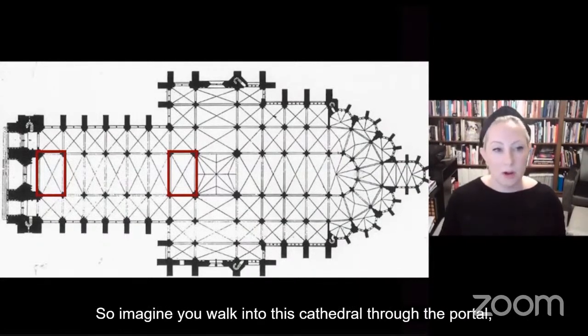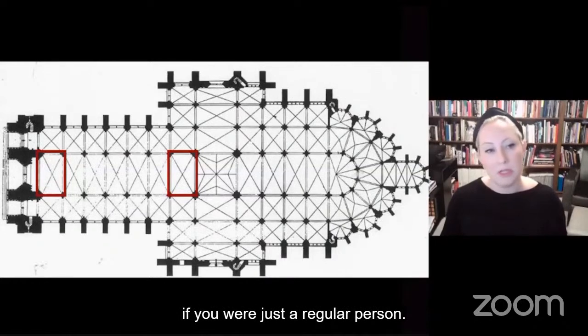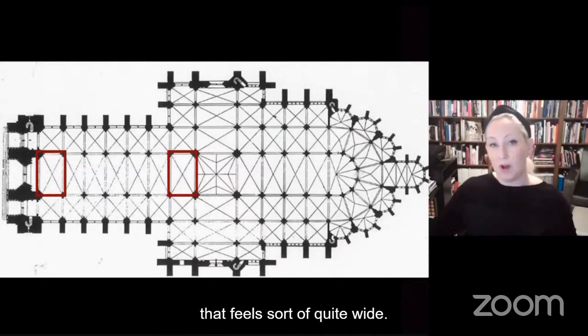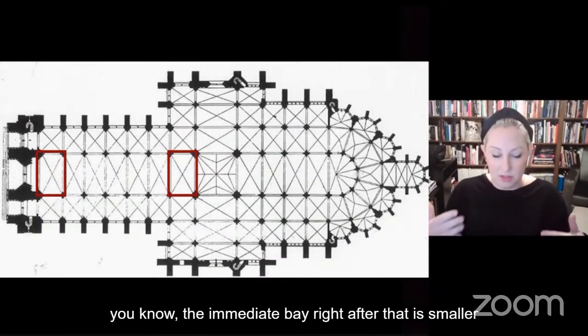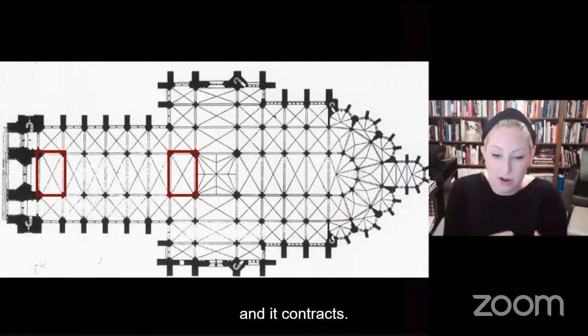So imagine you walk into this cathedral through the portal. You would enter through the left door, actually, if you were just a regular person. You walk in and you're in this space that feels quite wide. And then visually, the immediate bay right after that is smaller and it contracts.